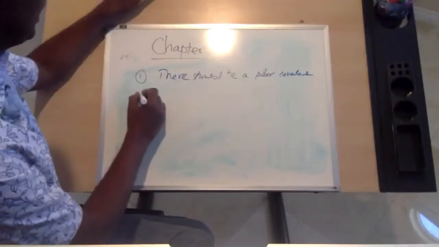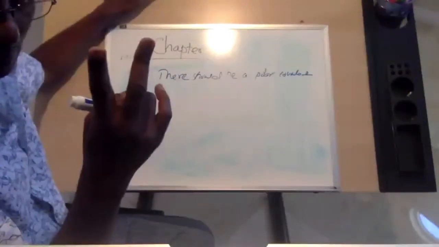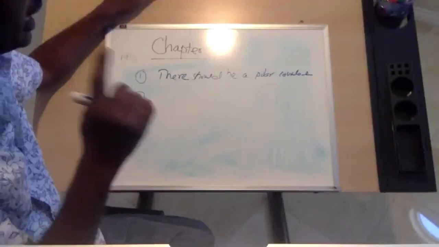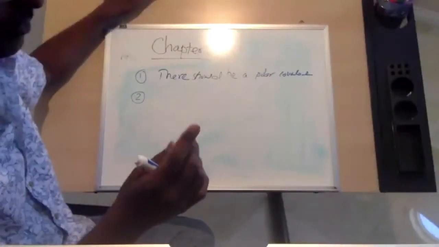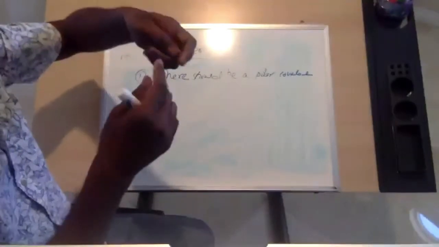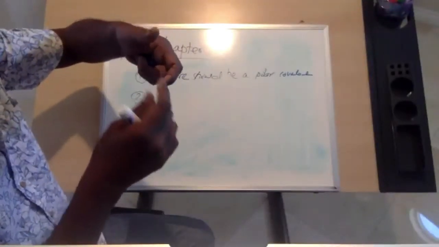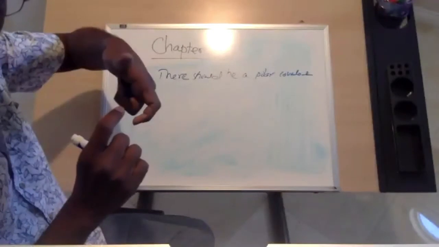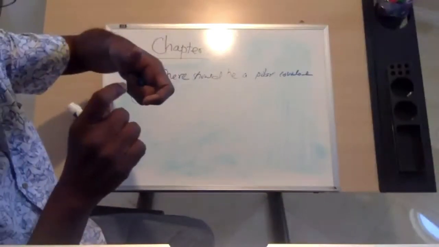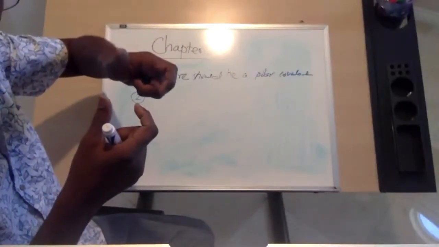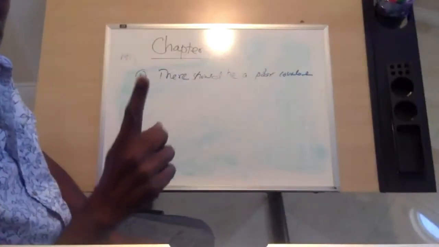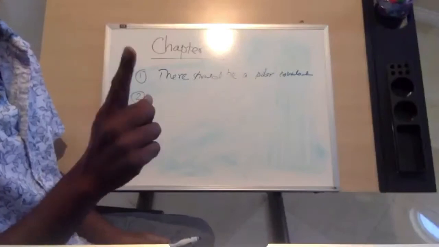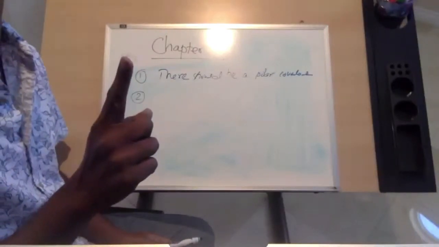For the molecule to be polar, the first condition is that it has to have a polar covalent bond. You all know what a covalent bond means: sharing of electrons between two atoms. And a polar covalent bond is where there is an electronegativity difference between the two atoms involved in the bonding. So for the molecule to be polar, it should have at least one polar covalent bond, right?